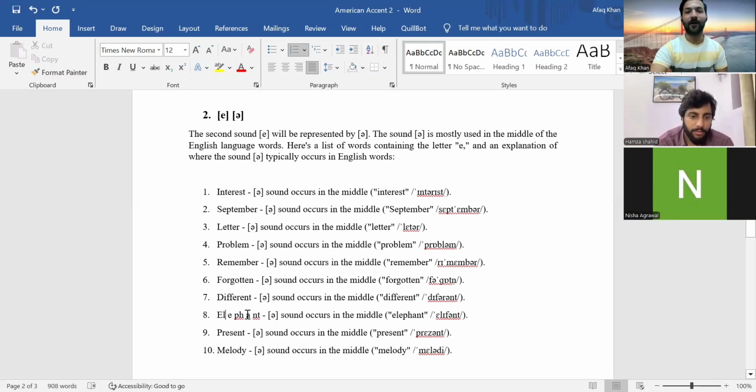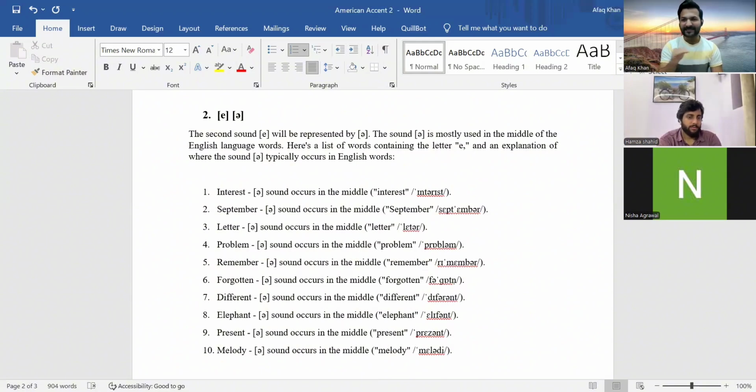Nisha, I want you to give a shot to the next word, please. Present. Good job. Could you please tell me where the schwa sound occurs in this word? The second E, after S. And how would you say that?